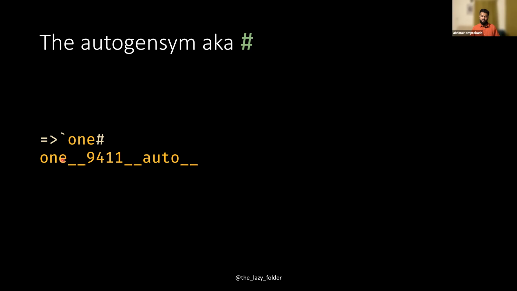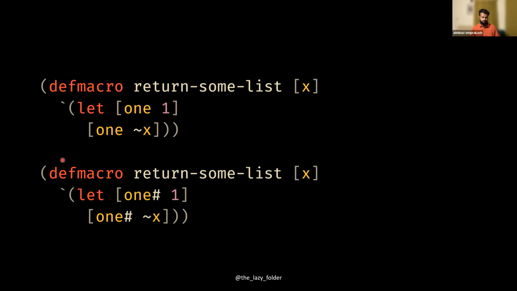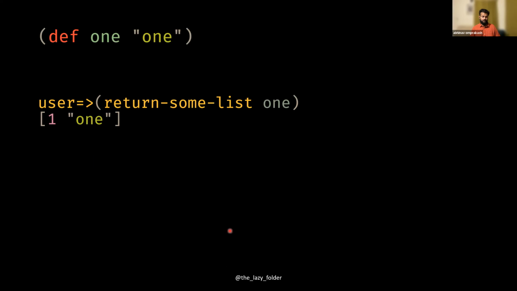So if you want to rewrite our macros, the first step is to use the syntax quote instead of a simple quote. And it will look something like this. And now adding the auto gensym, this is our final macro. To make sure it works, we call 1. And now it's resolving to the symbol, the string "1".